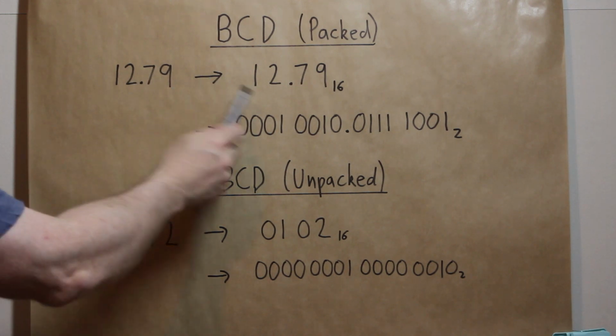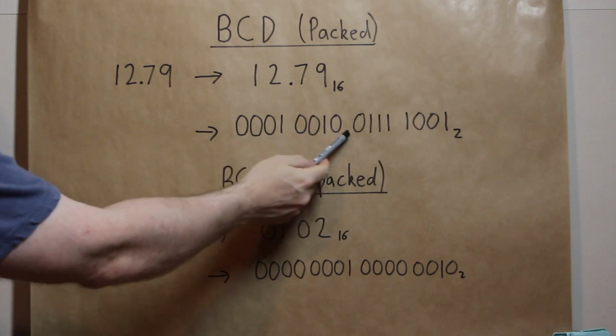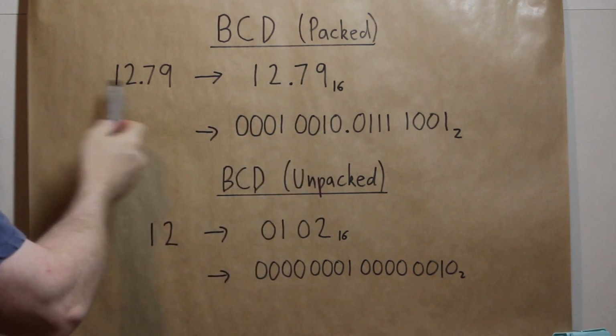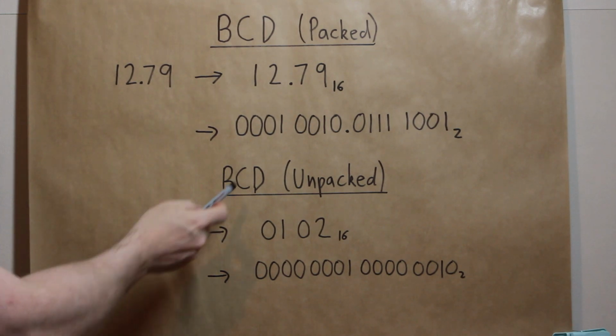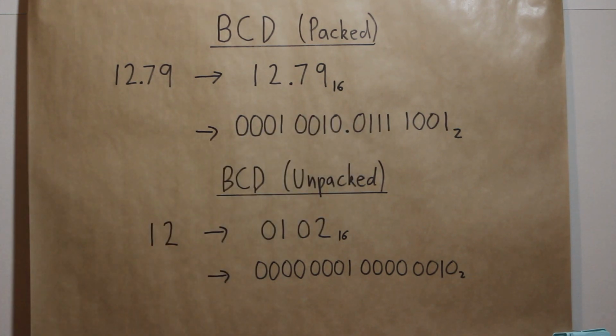Now this is only a problem for the fractional part. Obviously for the integer part, we know how to write all integers in binary exactly, but the fractional part is a little bit different. Binary coded decimal gets around this by writing the original decimal value in a way that can be represented exactly.